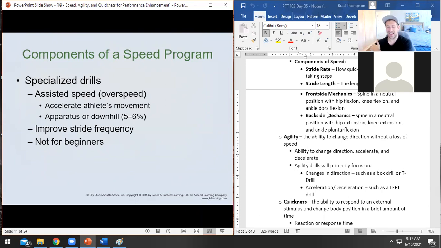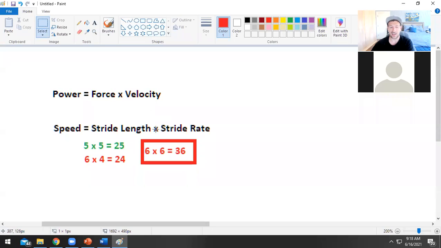So that is a specialized overspeed drill, right? It's actually sprinting downhill or being pushed or being pulled in such a way that if you don't keep up, you're going to fall, right? This is really good for improving your stride rate. So if we're looking at this side of the equation, overspeed drills are really good at improving this part of the equation, right?